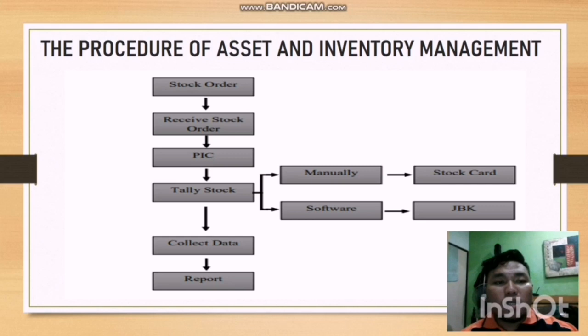For this slide, you can see the flow, that is the procedure of asset and inventory management. In the boxes, the flow of the procedure: first we have a stock order, number two is reserve stock order, and three is the PIC, that is the person in charge.